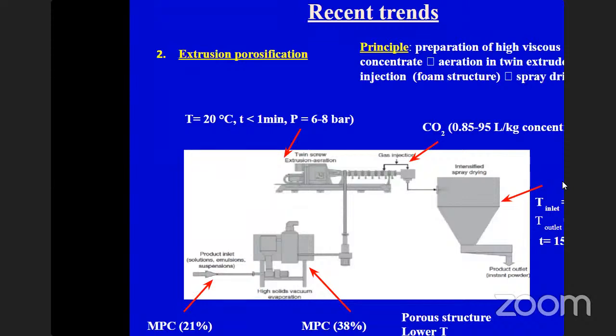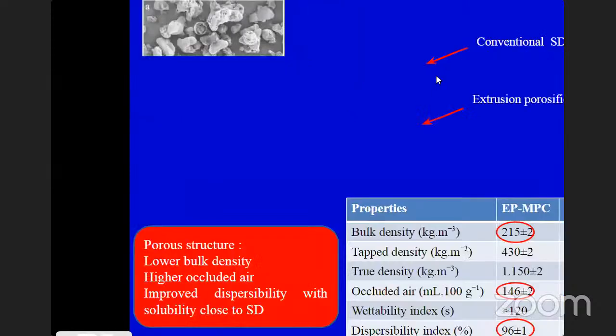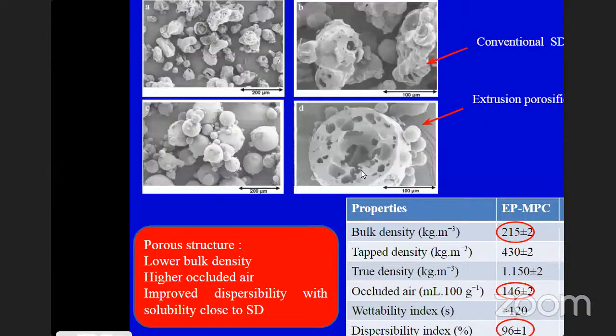This technique allows obtaining powder with porous structure as seen here, with decreasing outlet temperature. The traditional spray drying has dense compact texture without agglomerated particles, but the extrusion puffed powders have an open porous structure with some agglomerated particles.